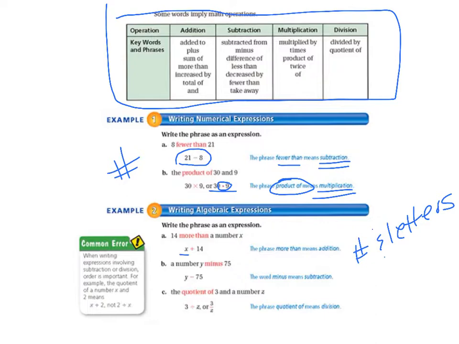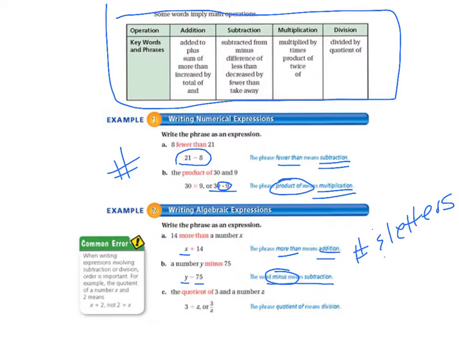So if we start with x and we want to go 14 more than that number, the phrase more than means we add. Letter B says a number y minus 75. So we would start with y and then subtract 75 because our word there is minus.